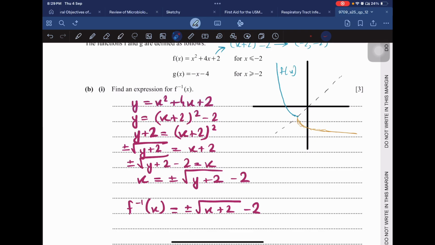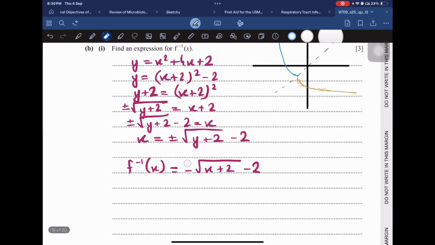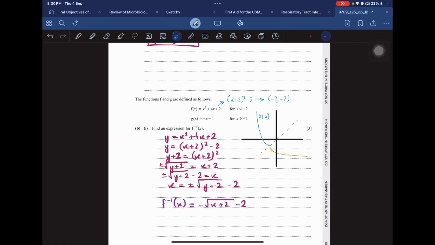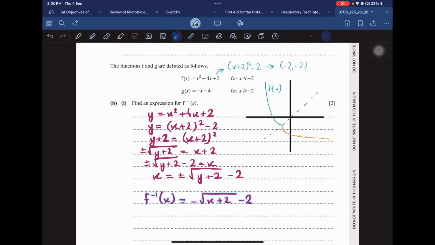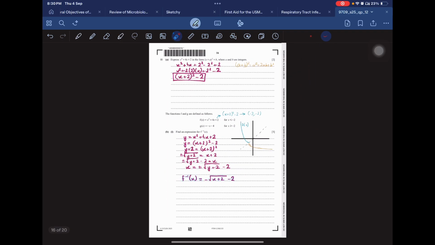Now we know from our graphical interpretation of the inverse that the graph for f inverse x has to be below the turning point, which is this point. So that's why over here we'll only take the negative value. I hope that makes sense. This is a bit difficult if you haven't studied this in depth. I can explain this later on in future lessons in more detail.